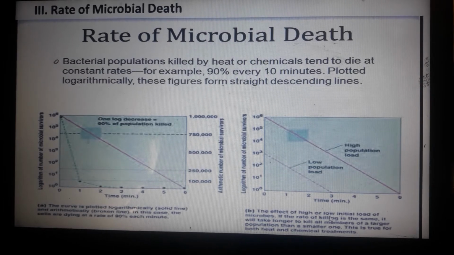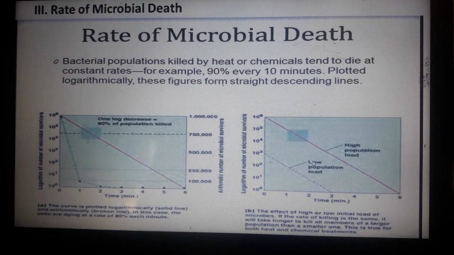And the effect of a high or low initial load of microbes: if the rate of killing is the same, it will take longer to kill the members of the target population that is larger. So if there are many bacteria, the dying capacity is slow.